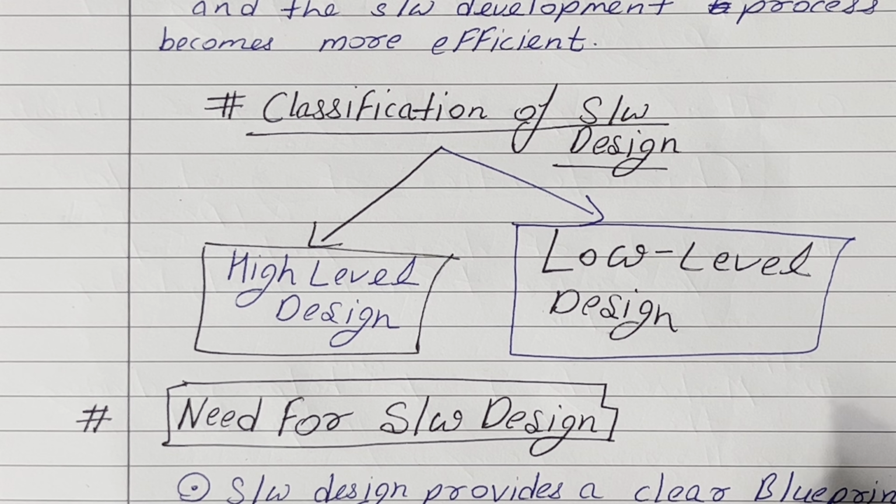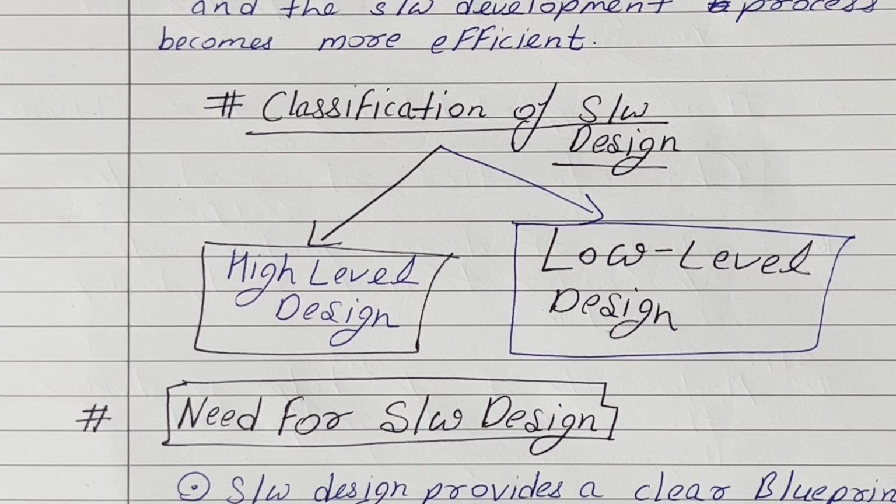Okay, now if we talk about its objectives or uses, let's understand it in some simple points. It helps in defining the overall architecture of the software system. It also divides the software into independent and manageable modules.